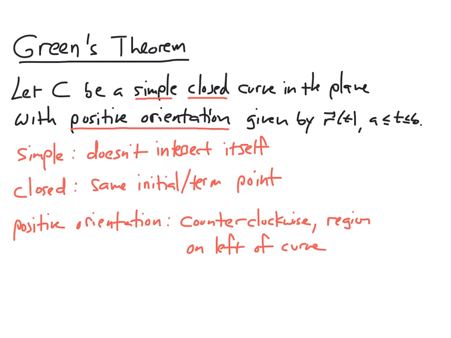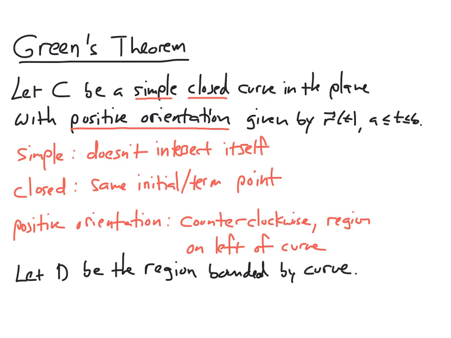With any type of simple closed curve, you'll always be able to traverse it in a counterclockwise direction so that the region is always on the left side of the curve. We can then give that region a name, so let's call it D. Let D be the region bounded by the curve, so the region inside the closed simple curve.